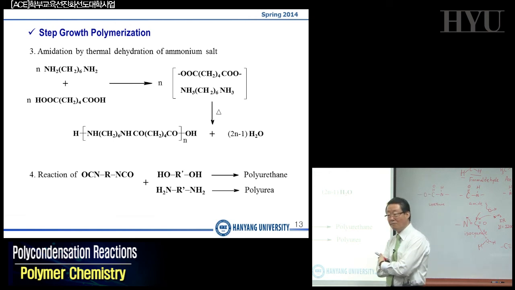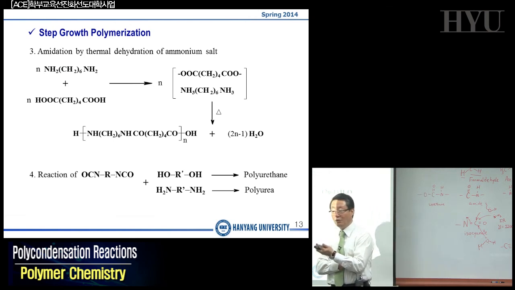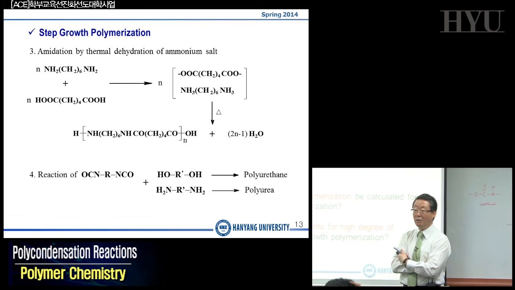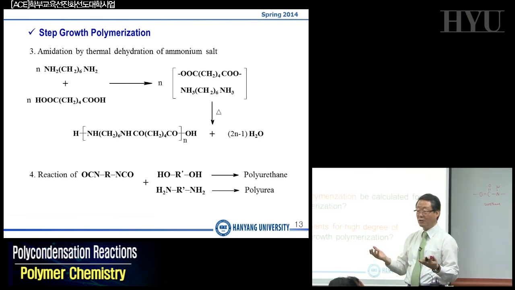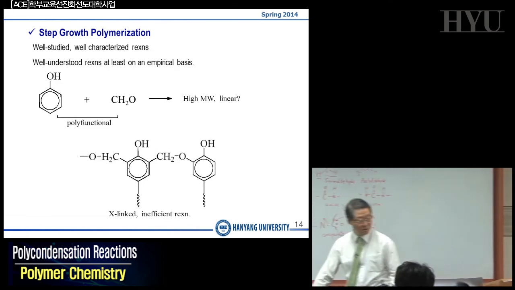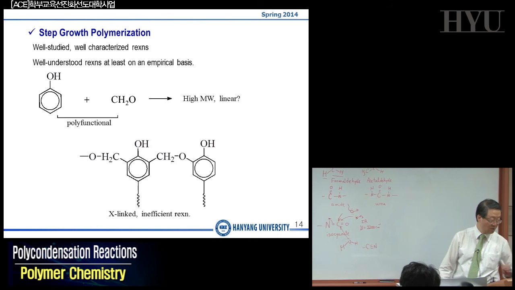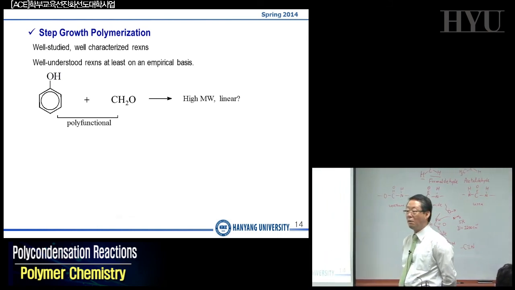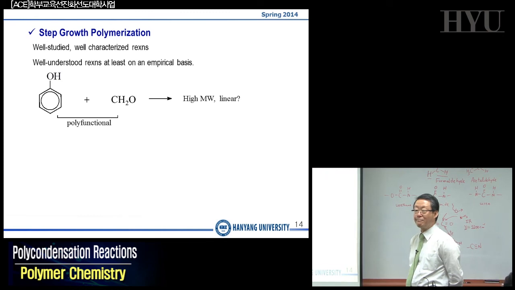Yes. How come? We need to have at least two functional groups present in one monomer. But what is the functionality in this case? Yes, you can form the polymer, but why do we have functionality? What is the functionality here? Electron density.